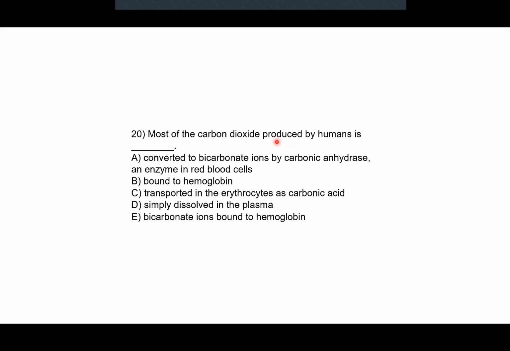20, most of the carbon dioxide produced by humans is converted to bicarbonate ions by carbonic anhydrase, an enzyme in red blood cells. So some of these answers you may be able to easily rule out, such as B. We didn't talk about carbon dioxide binding to hemoglobin. Oxygen binds to hemoglobin. This is kind of just trying to trick you with the jargon.